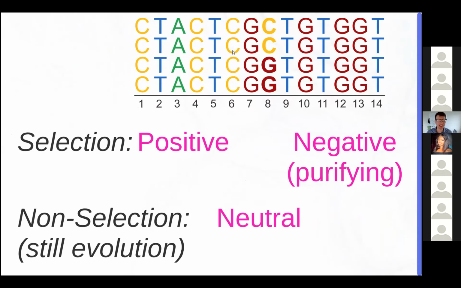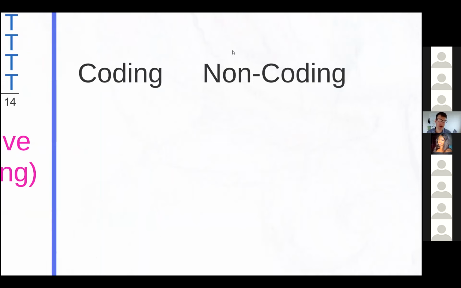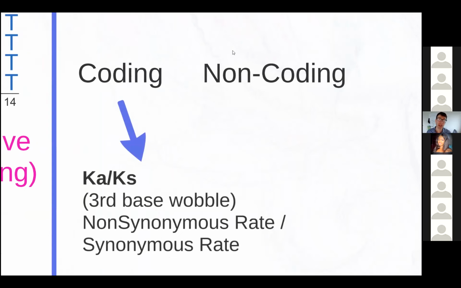So for a coding region, it's pretty straightforward to figure out what the neutral rate is. Formally, you can use something called Ka over Ks, which is the non-synonymous rate of mutations over the synonymous rate of mutations. In other words, there are mutations happening all the time. But if those mutations change one amino acid to another, the non-synonymous rate, that's something that could cause a change that there's selection pressure against.